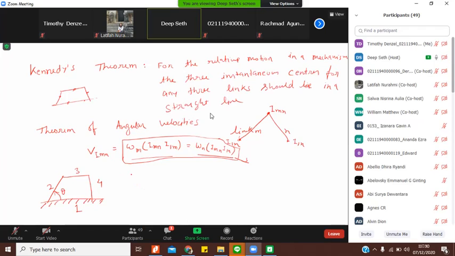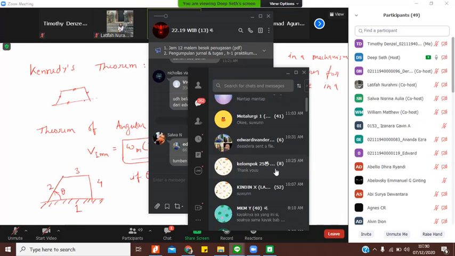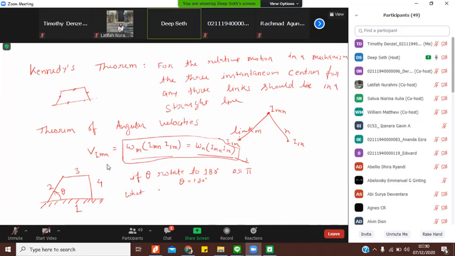Now let's say my question is, if theta rotates to 180 degrees, it means theta will be equal to 180 degrees total. What will be the instantaneous centers? How will you find them?